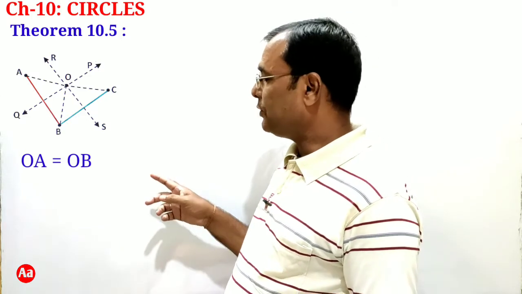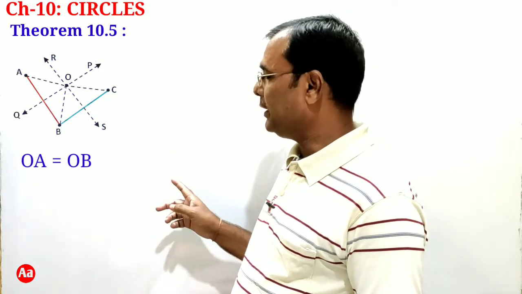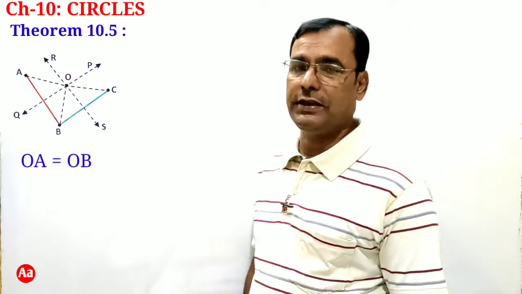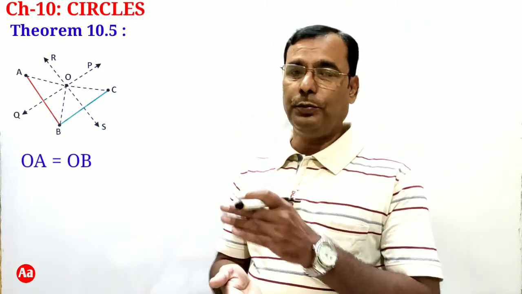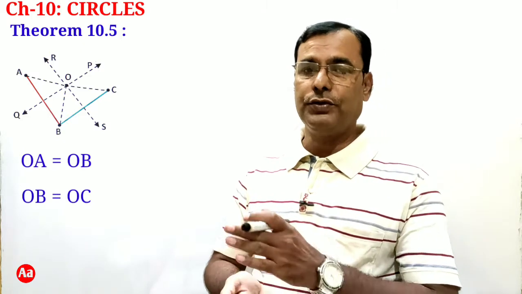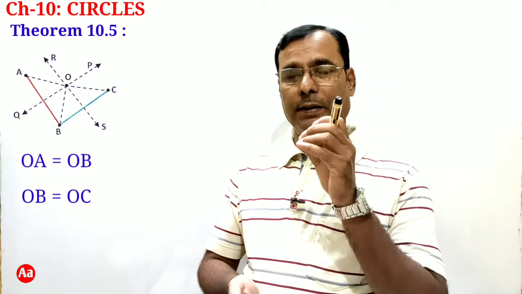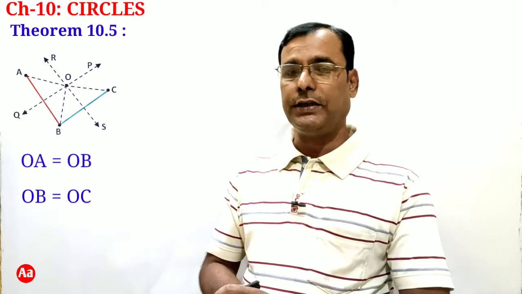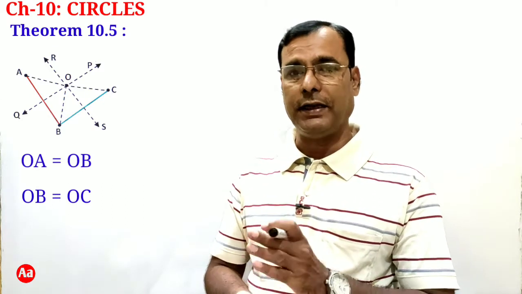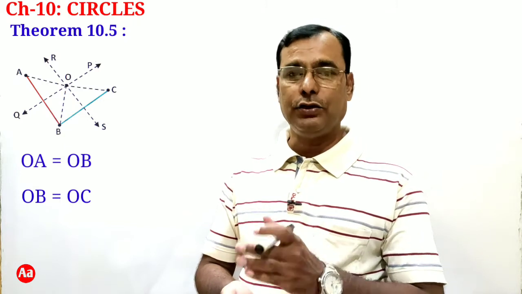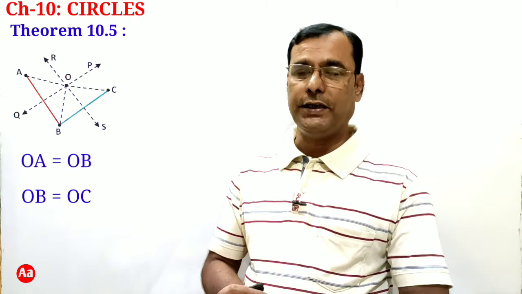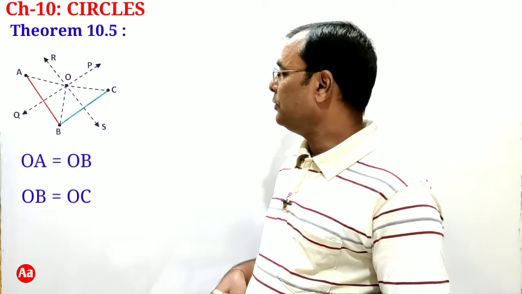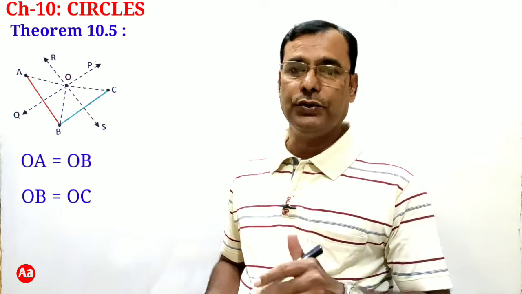Similarly, point O also lies on perpendicular bisector RS of line segment BC. Therefore, OB will be equal to OC because every point on perpendicular bisector of a line segment is equidistant from end points of the line segment. OA equal to OB and OB equal to OC.